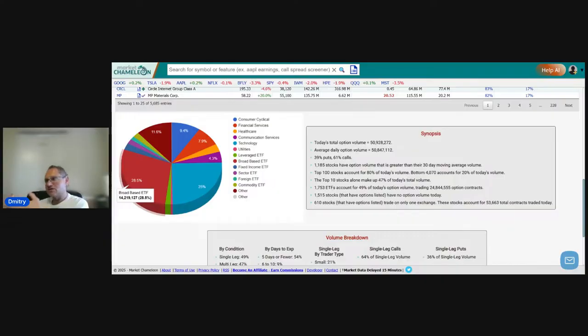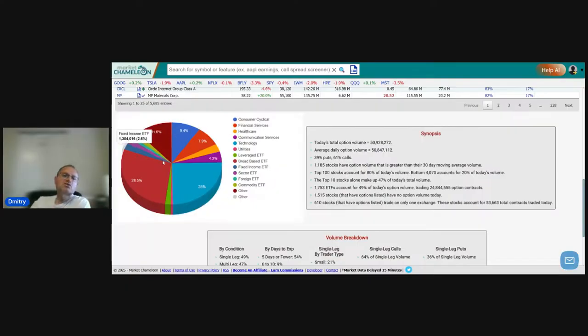It's more of a diversified one, based on either large market cap stocks or small cap stocks, S&P 500, stuff like that. So that's the broad-based ETFs. So 28.5% of all the volume were broad-based ETFs. 25% were in the technology sector. So you could see that's already over 50% of the trading volume.